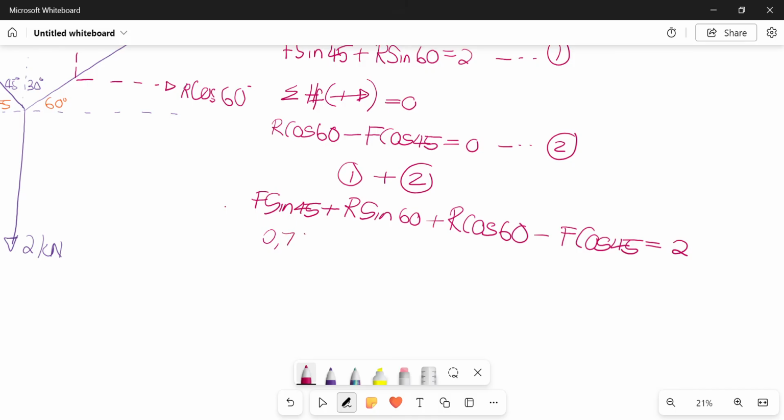So 0.707F plus sine 60, 0.866R, plus cos of 60, 0.5R, minus cos of 45, 0.707F, all equals 2.